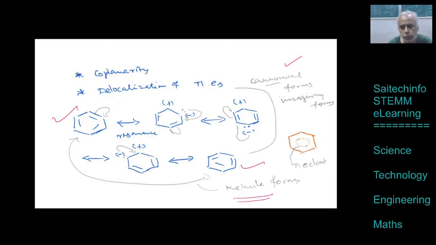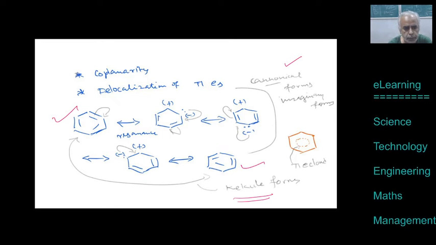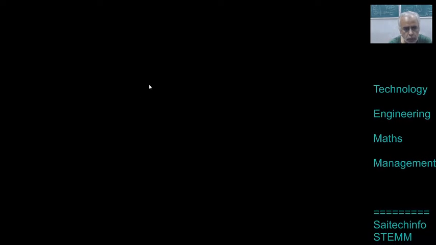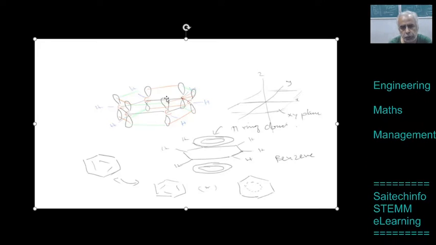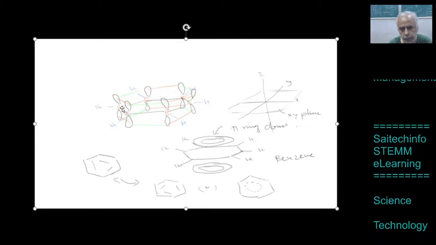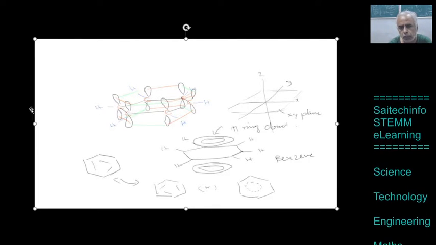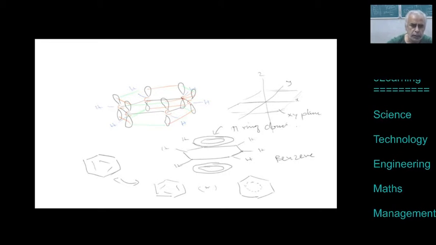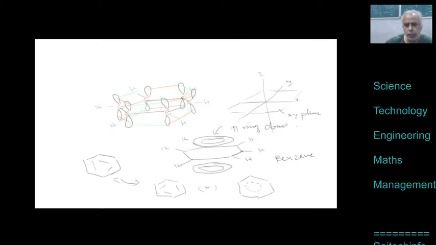When you draw the perspective view of benzene, you can understand the coplanarity. Here I have shown the benzene structure, C6H6, almost like a blanket spread on the floor.